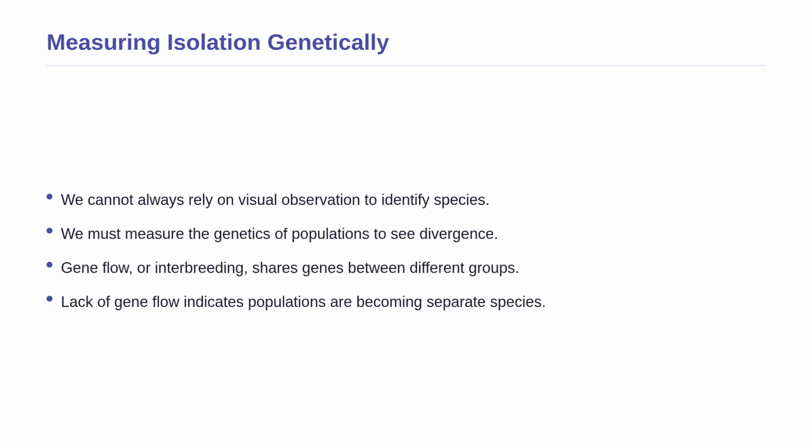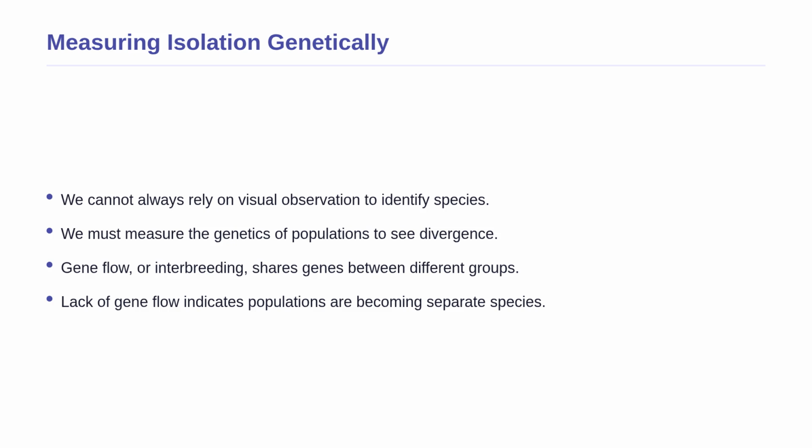Now that we know why the species concept is so important, we face a practical challenge. To understand if two populations are actually the same species, or if they are splitting apart, we cannot just look at them. Visual observation is often not enough. Instead, we must measure their genetics.